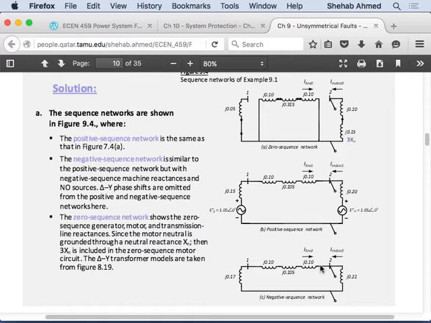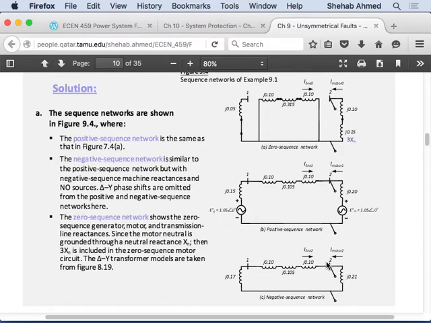Then what did we do? We calculated the sequence voltages and currents from circuit analysis. And then, knowing your sequence currents and voltages, you can convert them to phase quantities. So you know everything about the fault current at the bus: the positive sequence, negative sequence, and zero sequence fault currents.